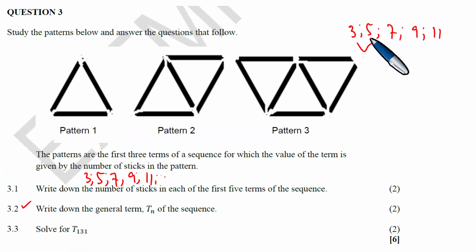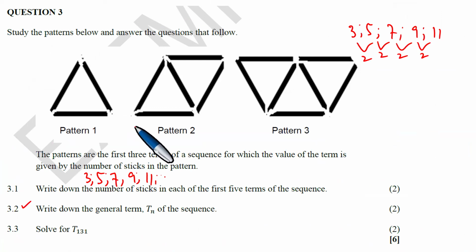Right, so the general term of this sequence is going to be, okay, now we need to find some differences here, and that is what we always do. So in other words, we start and say this one here has the difference 2, and 5 minus 3 is 2. 7 minus 5, 2. 9 minus 7, 2. 11 minus 9, 2.